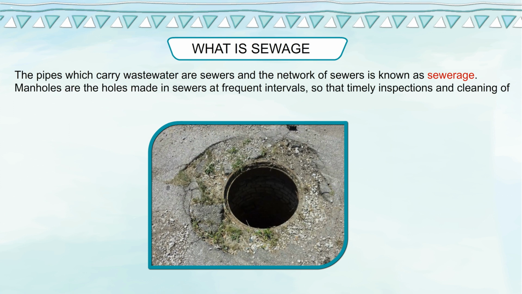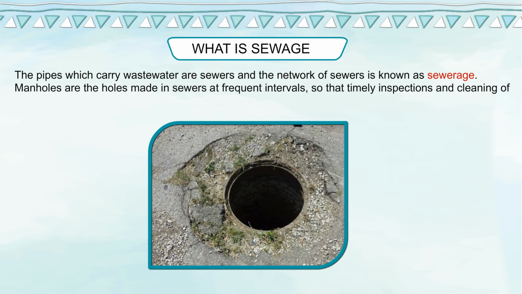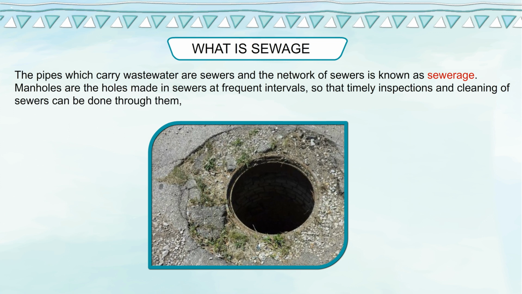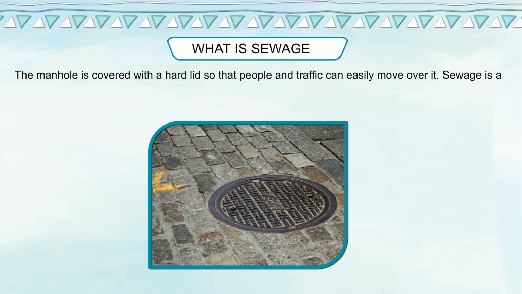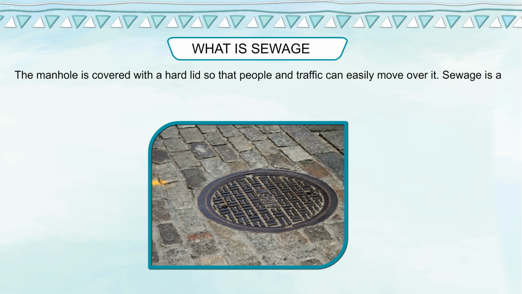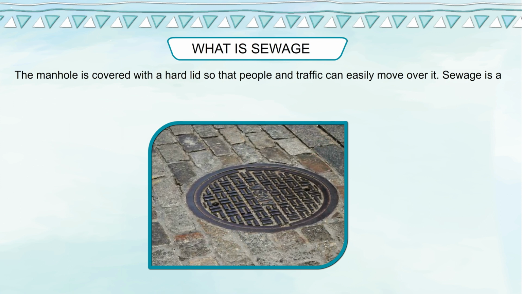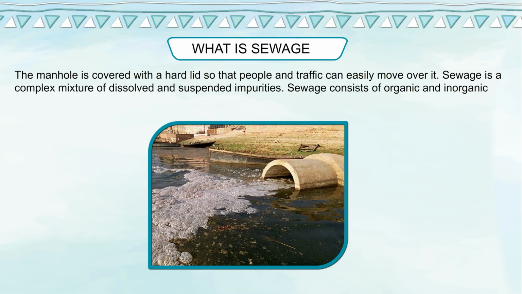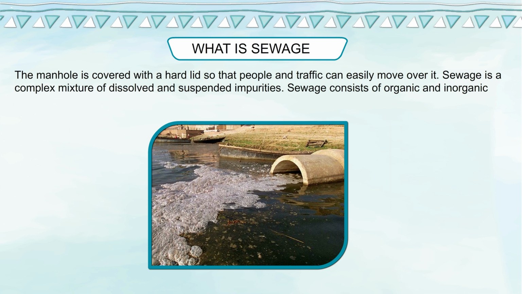Manholes are the holes made in sewers at frequent intervals so that timely inspections and cleaning of sewers can be done through them. The manhole is covered with a hard lid so that people and traffic can easily move over it.